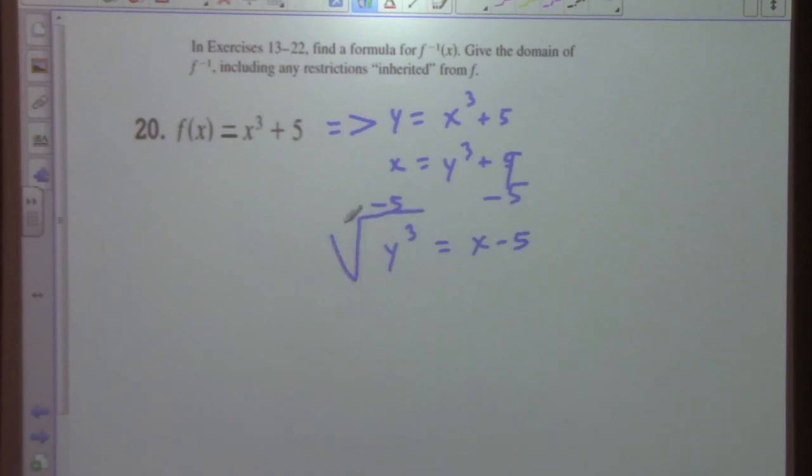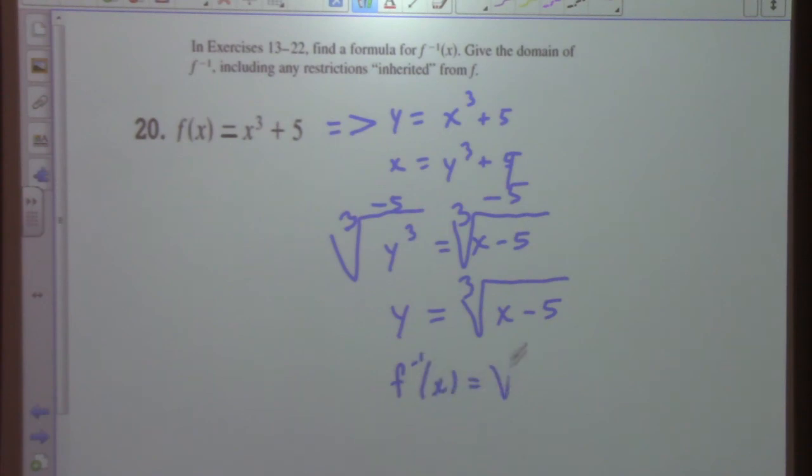Okay, cube root of both sides here. So we have y is equal to cube root of x minus 5. And then we have finally f negative 1 of x is equal to cube root of x minus 5.